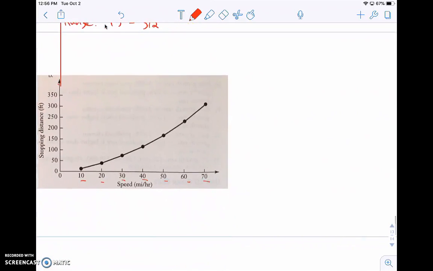So it looks like, as the speed increases, so as we increase our speed, it looks like our stopping distance is increasing. And one thing I want to point out here is, notice it's not a linear or straight line function. It doesn't go in a straight line like this.